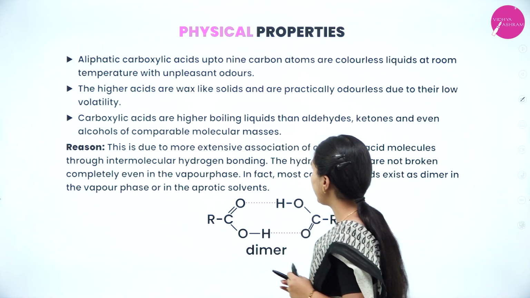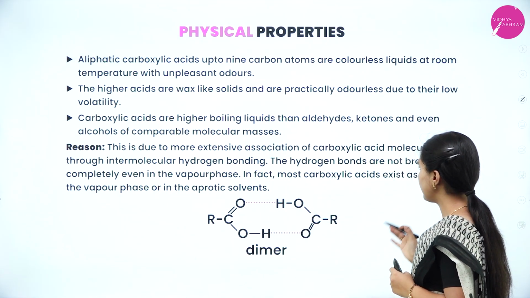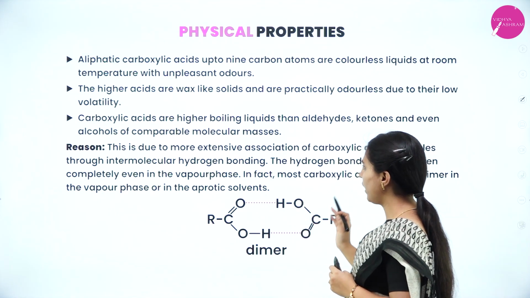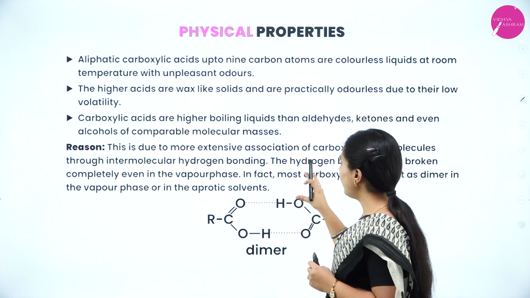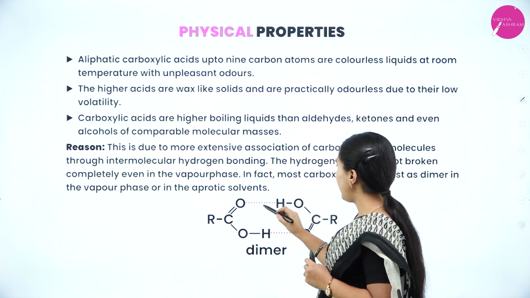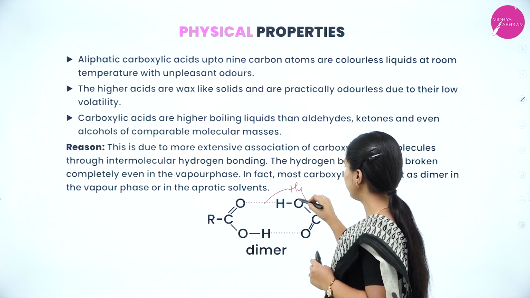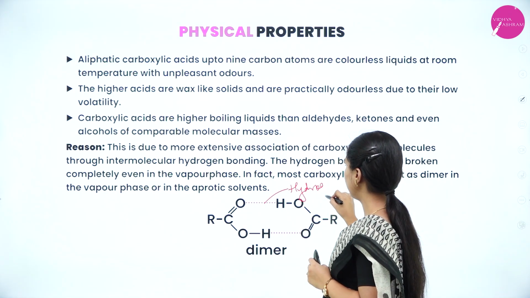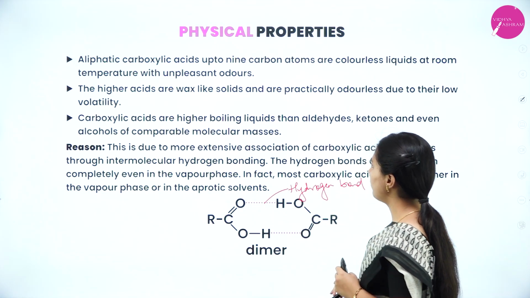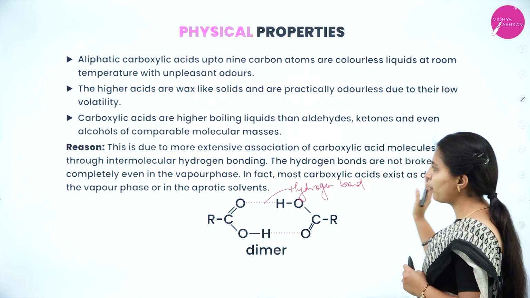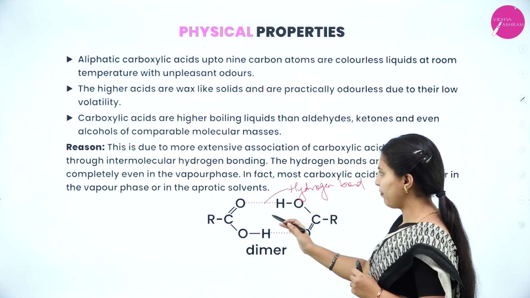This is due to more extensive association of carboxylic acid molecules through intermolecular hydrogen bonding. Why it has a higher boiling point is because there is a formation of hydrogen bonding. The hydrogen bonds are not broken completely even in the vapor phase.